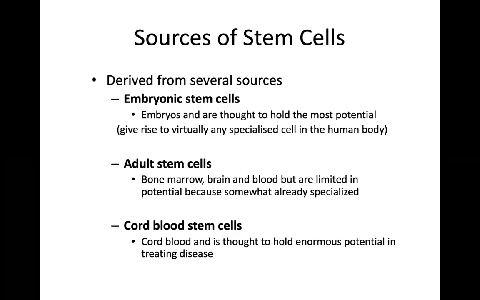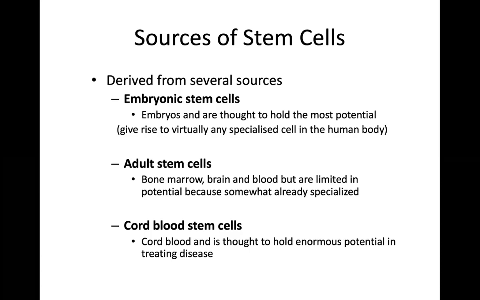Adult stem cells, however, are found in the bone marrow, brain and blood, but are limited in potential because they're somewhat already specialized. Whereas embryonic stem cells are not, so therefore can become any type of cell. Another example, we won't get into too much detail with this, is the cord blood stem cells. Where is that? I'm talking about cord blood.